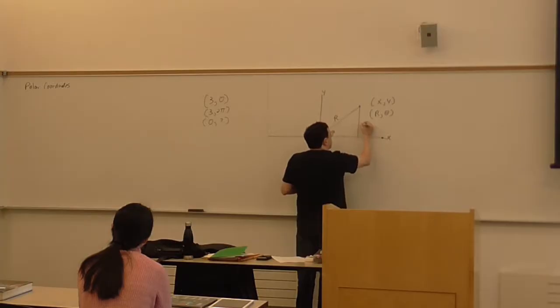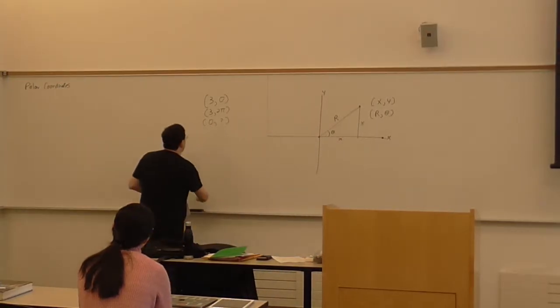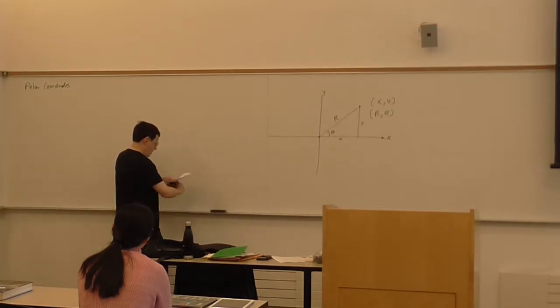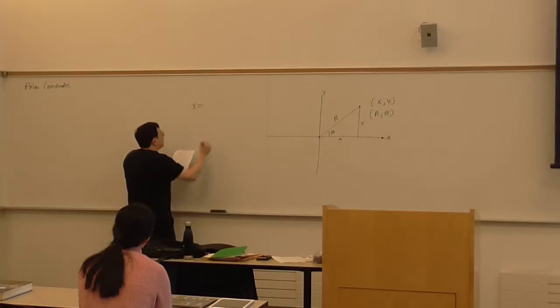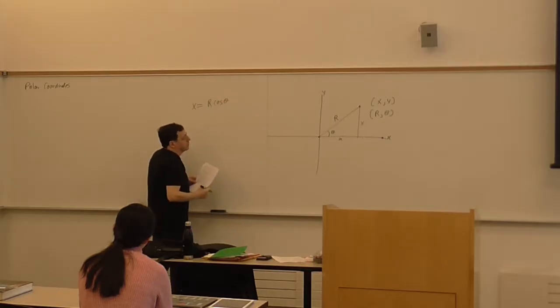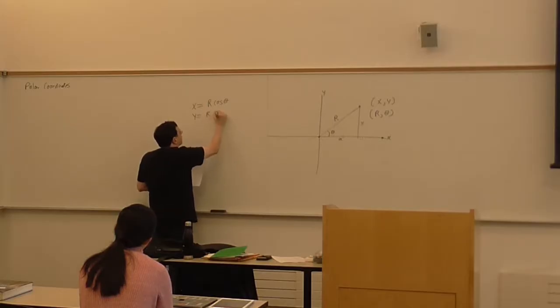If I fill in here, here's my y distance, and here's my x distance. It becomes pretty clear right away that x is r times the cosine of theta, and y is r times the sine of theta.